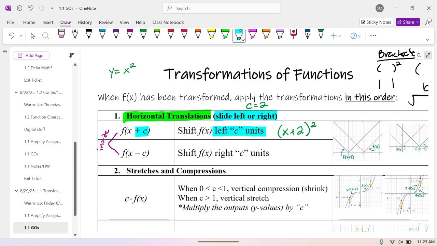Now, on the opposite side, if you subtract c, or subtract a number inside the brackets, you're going to the right c units. So that means it'll be x minus 2 all squared. Now, you may be wondering, wouldn't left be minus and right be plus? Because on a number line, left would be negative, right would be positive.